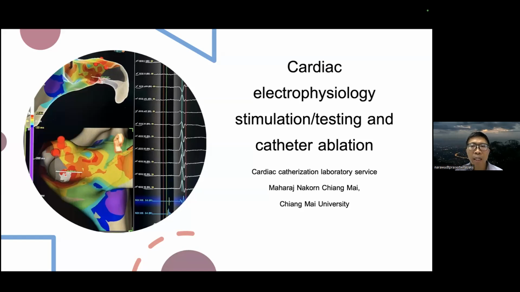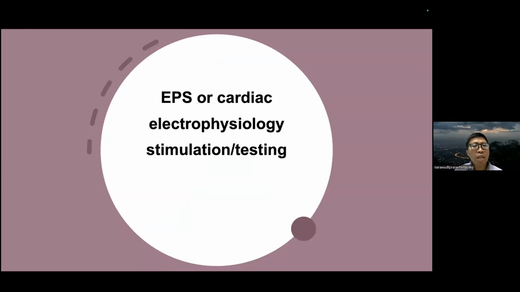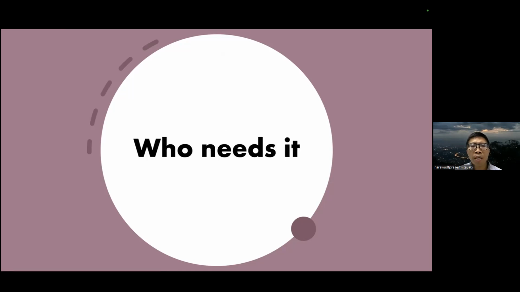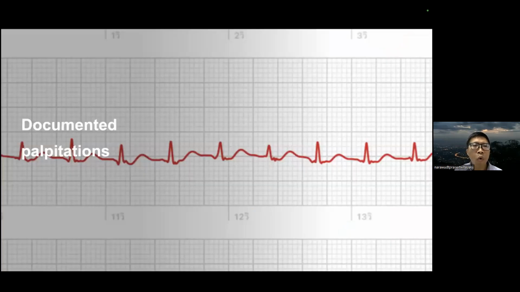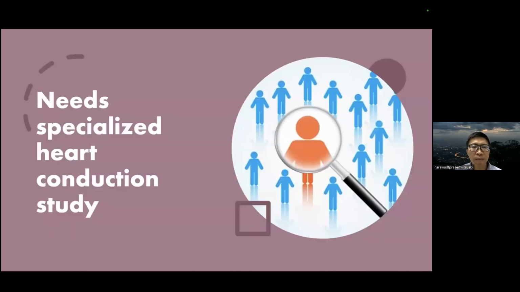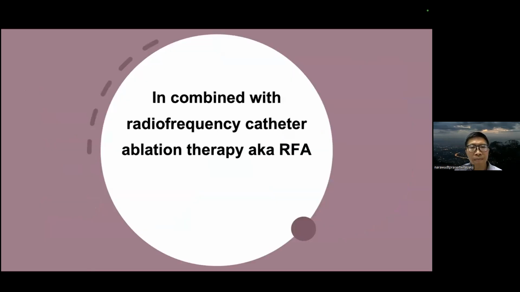I am addressing you about cardiac electrophysiology stimulation testing and catheter ablation, since you may need it. So EPS, or cardiac electrophysiology stimulation testing, is a treatment for the patient with unexplained fainting or near fainting, or the patient with documented palpitation with heart rhythm disturbance, or the patient needs specialized heart conduction study.